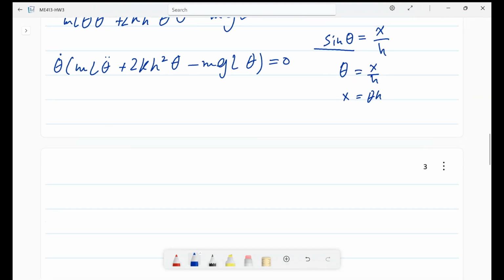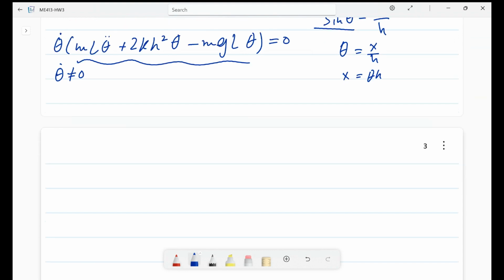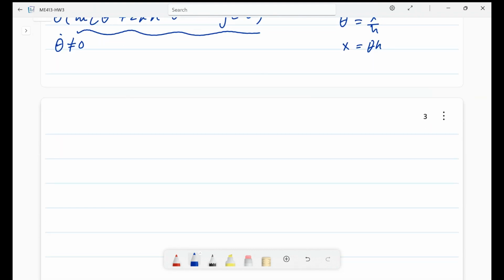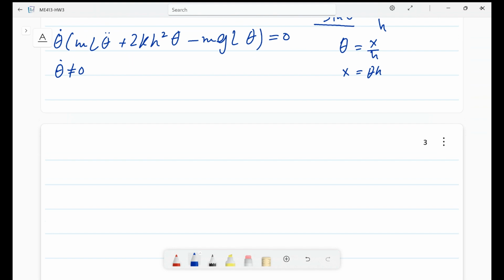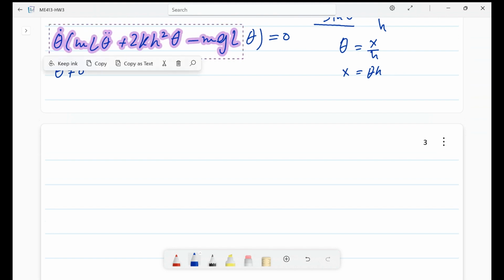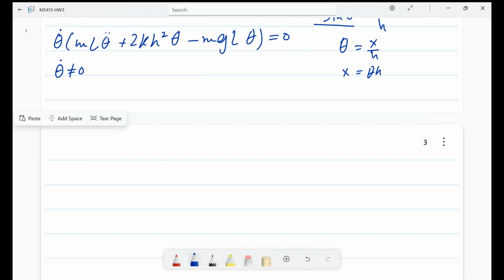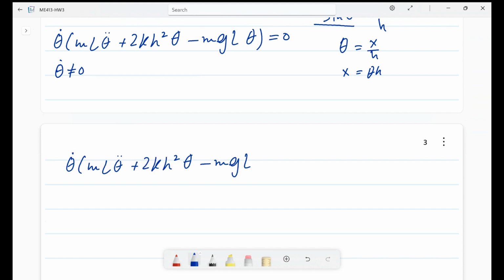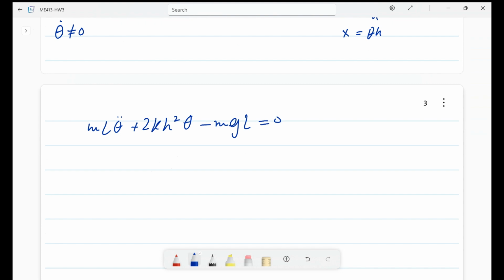And we know for sure that theta dot can't be 0, so this term is equal to 0.